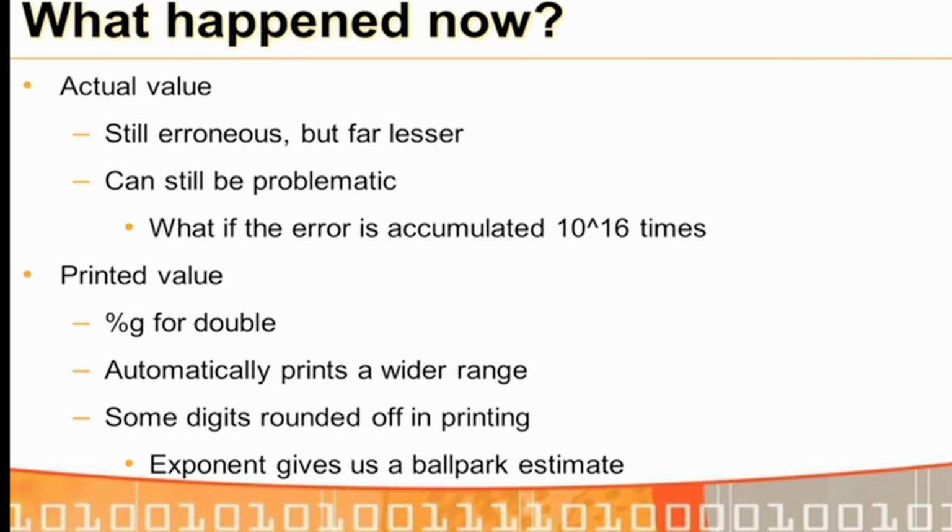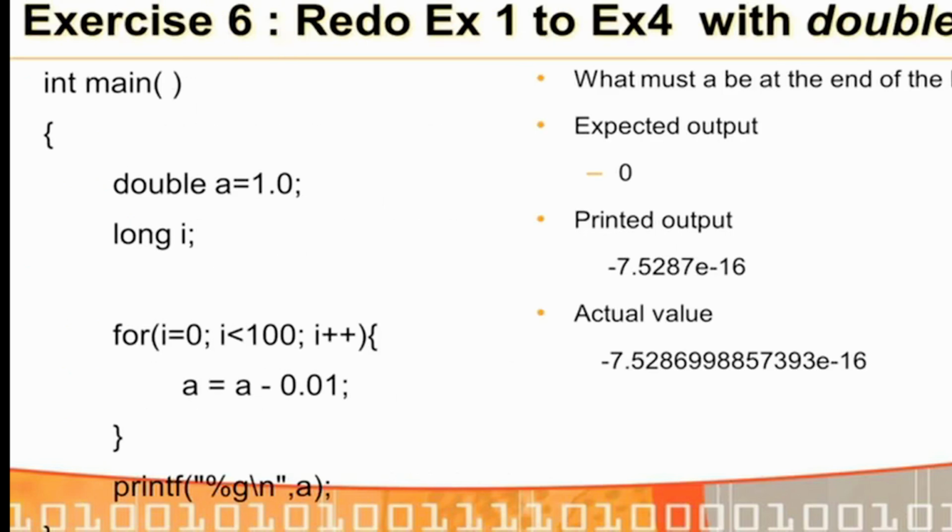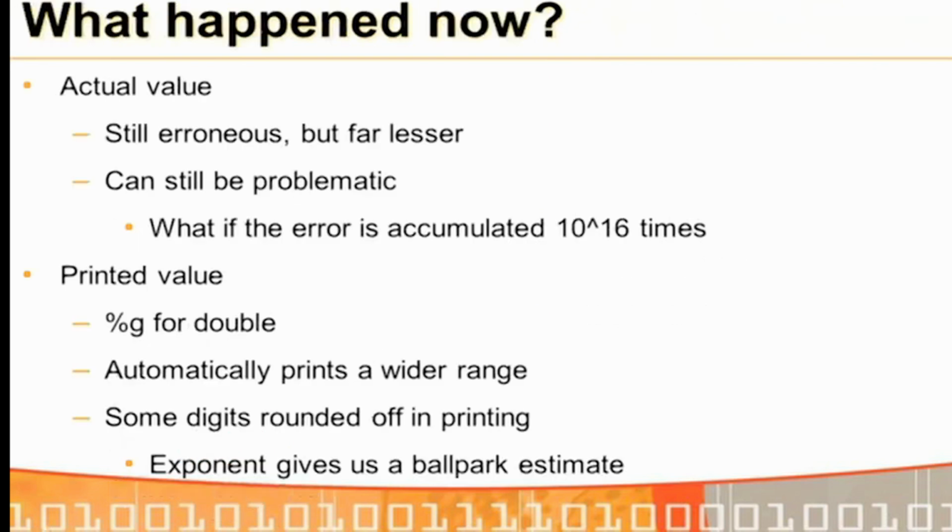And when we print, we also used percentage G here, which is a double printing. So it actually prints a wider range, in contrast to percentage f.